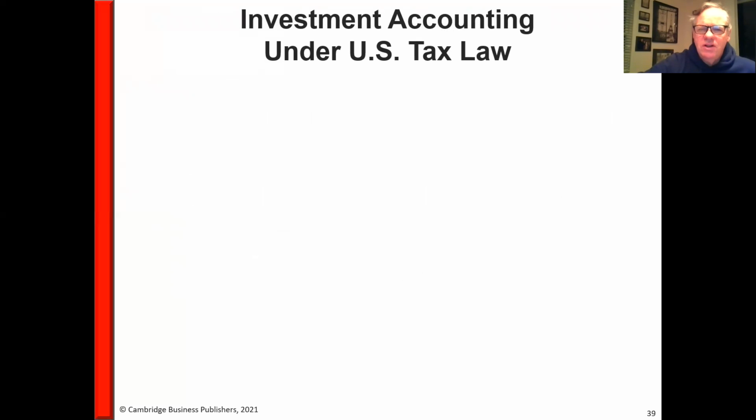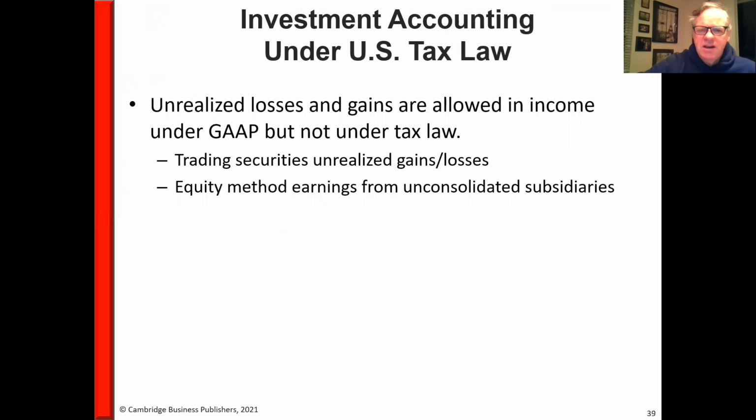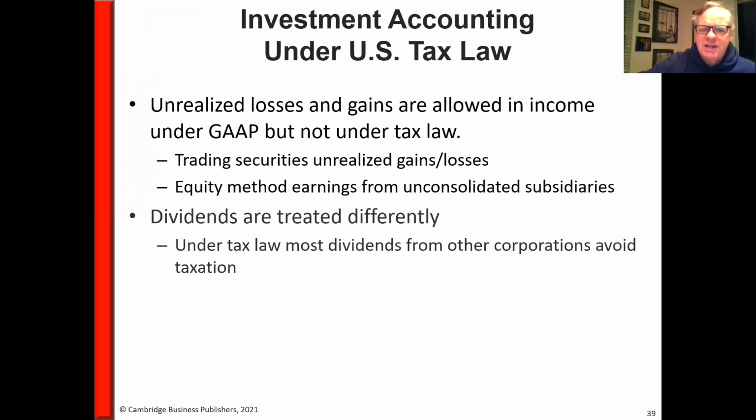In terms of looking at this from a tax perspective, unrealized gains and losses we recognize on the income statement, but they're not recognized for tax purposes. So trading securities, unrealized gains and losses, and the equity method for unconsolidated subsidiaries, we use those for financial statement purposes, but not for tax purposes.